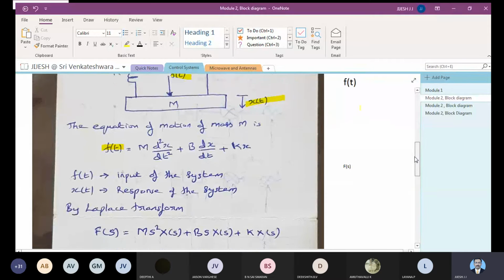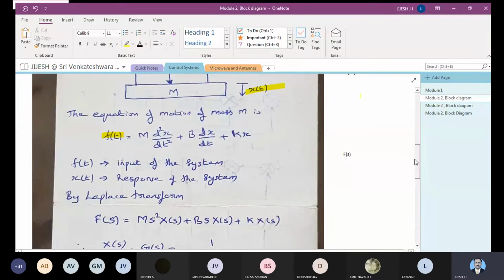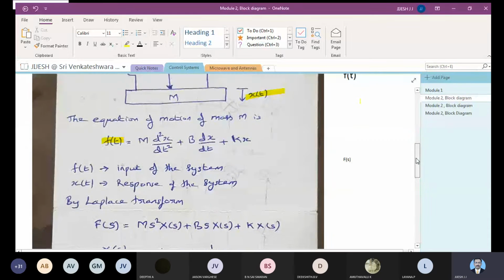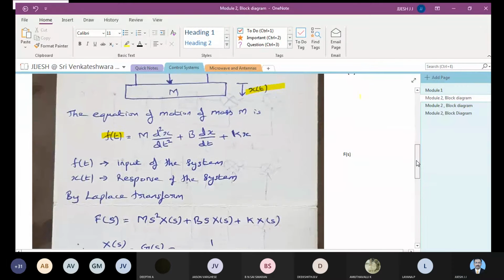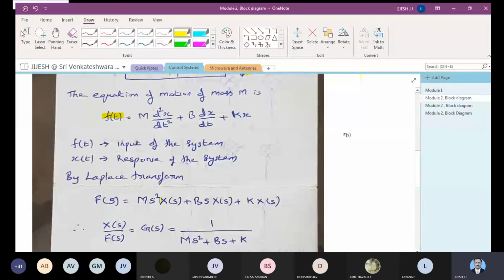you got f of s and you have x of s. So let us write x of s divided by f of s. Try to write x of s divided by f of s. Take x of s together, all this x of s together, and then write x of s divided by f of s.